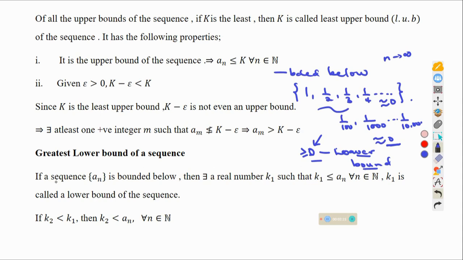So what we shall be saying is, if a sequence is bounded below, then there exists a real number, for example k1, such that the terms of the sequence are greater than that real number k1.